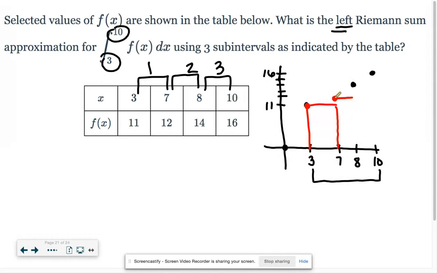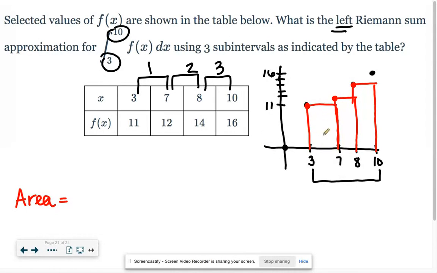Start on the left side because this is a left Riemann sum. There's the next one. And then the last one, start on the left side, make a rectangle. There we go. Okay, I have 3 rectangles because they wanted 3 subintervals. Your next step is to find the area of each rectangle.